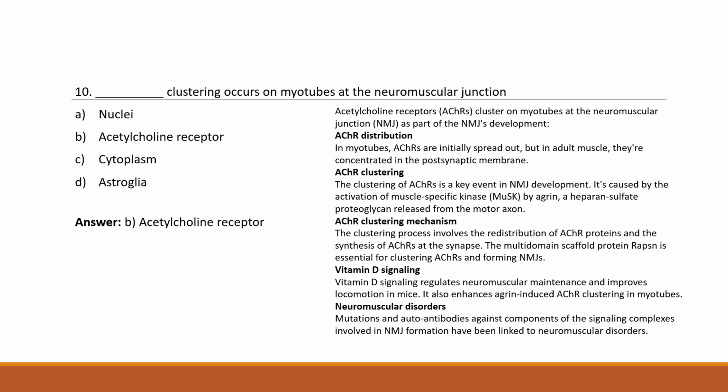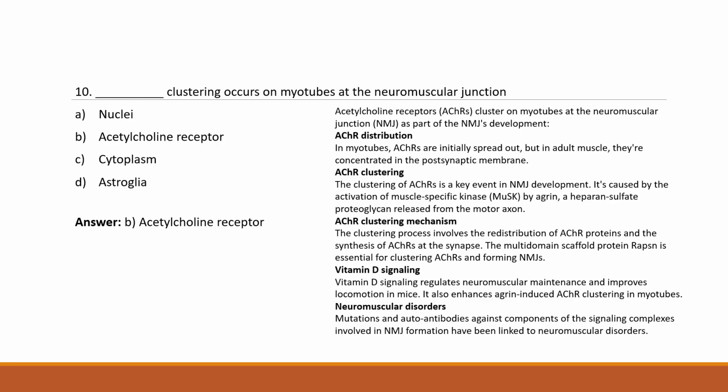Agrin is a heparin sulfate proteoglycan. A proteoglycan is a glycated protein, which here is heparin sulfate. So this is agrin, and this will activate your muscle specific kinase. You know most of your signaling processes downstream will happen by either phosphorylation or dephosphorylation, or ubiquitination in case of degradation and all.